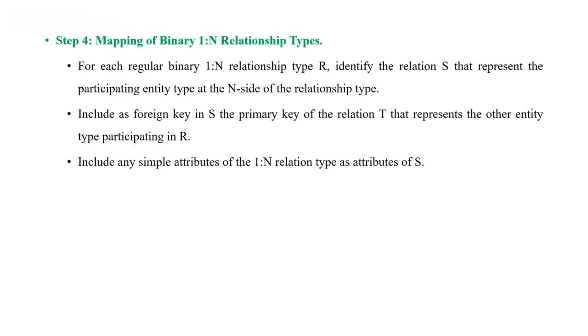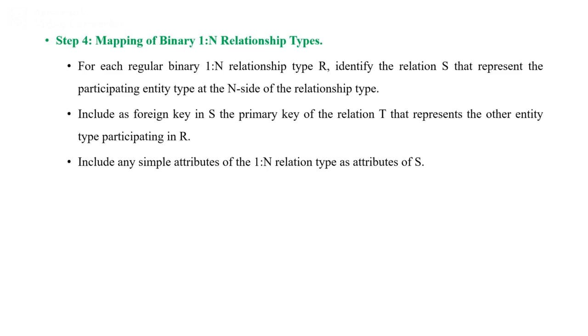So when we are talking about the two relations S and T, S has a foreign key attribute and T has a primary key attribute. Both are participating in the relationship type R, where the entity type that includes the foreign key constraint should have total participation in the relationship type.